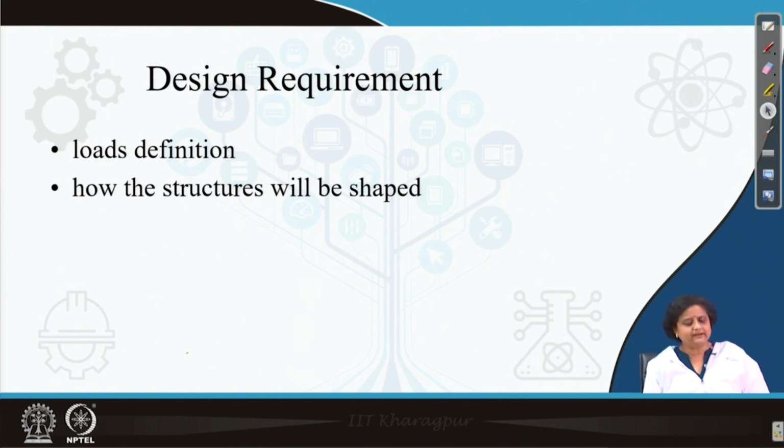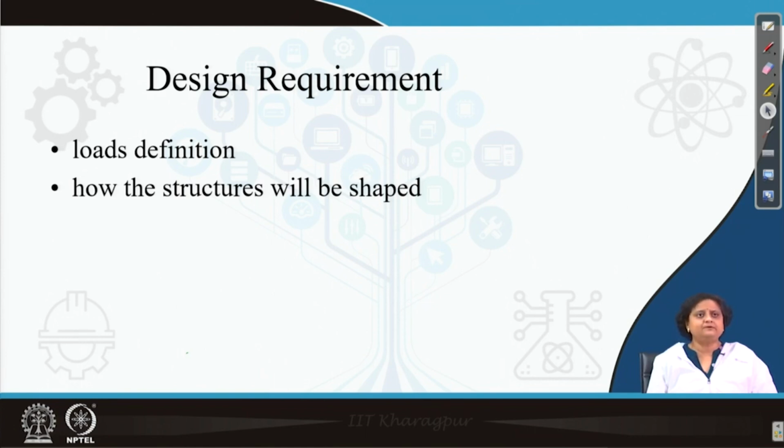The second thing that we need to know is how the structure will be shaped. Now, different components of an aircraft will be shaped in different ways based on the functionality of the component. Like the wing will have an aerofoil kind of shape, and a certain part of the fuselage will have a cylindrical shape.